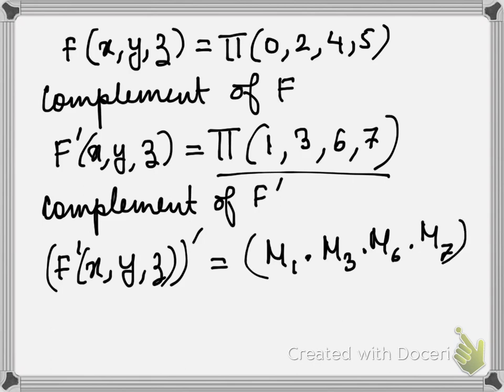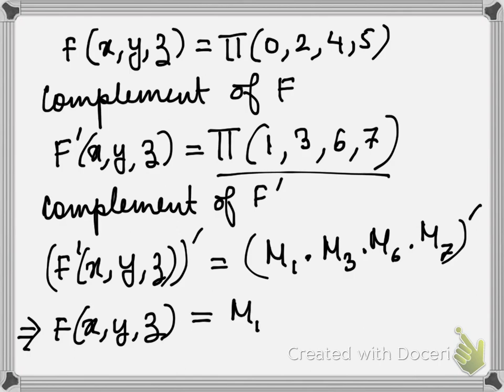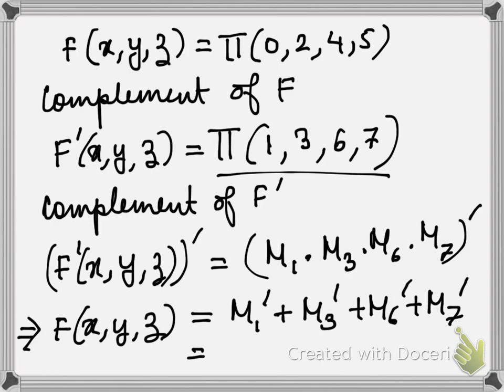So you take the complement of this whole thing, and we get f is equal to capital M1 complement, dot will change to plus, M3 complement plus M6 complement plus M7 complement, by De Morgan's law.